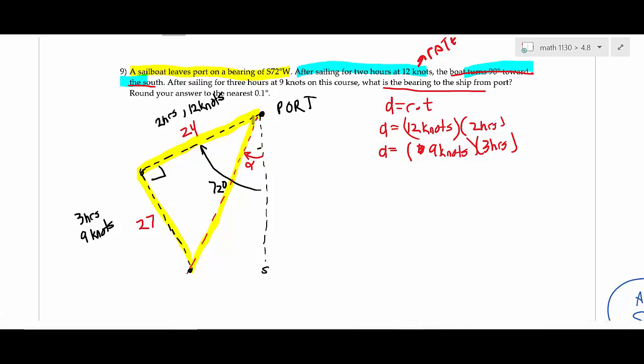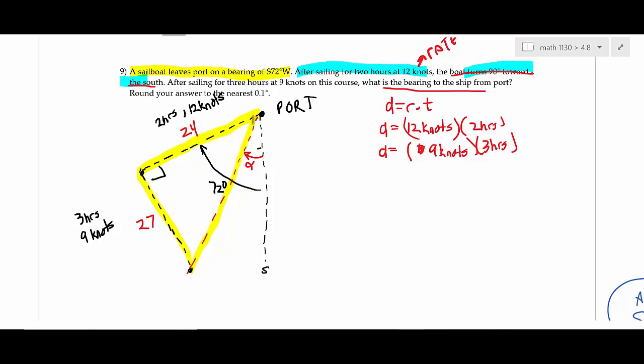Perhaps we could figure out this angle right there. We might be able to figure that out okay. And if we did that, we could also figure that angle out if we needed to as well. So that would be one approach, is to figure out that angle right there. And if we can figure that angle out, then how do you figure that angle out? It's 72 minus that would give the rest, right? Okay, that would be kind of the idea.